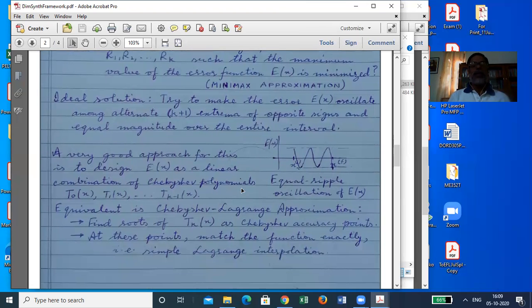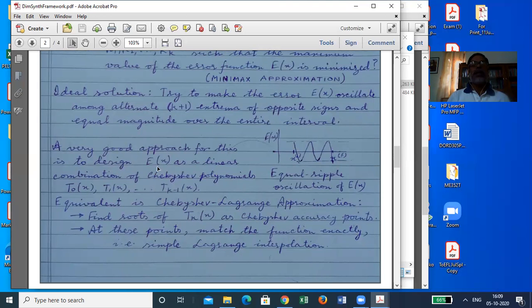A very good approach for this is to design the error function as a linear combination of the so-called Chebyshev polynomials, because each Chebyshev polynomial has a property of this kind. The first one is constant, that is T0. The second one is a linear function running from minus 1 to 1. The third one is a quadratic function running from 1 down to minus 1 and then again 1.